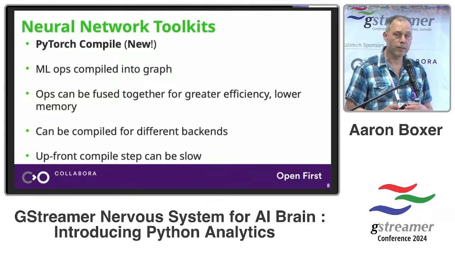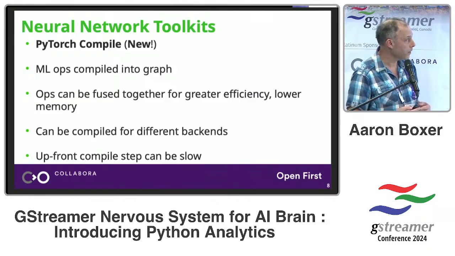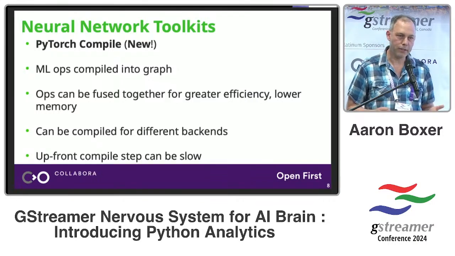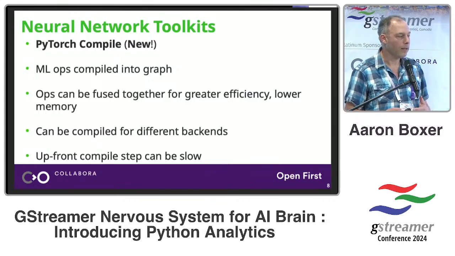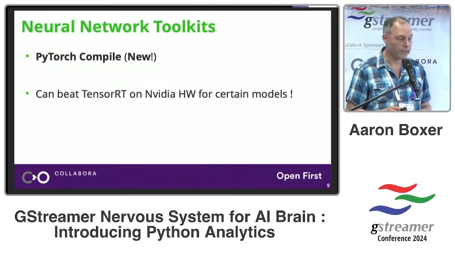The only problem at the moment is that they have an upfront compile step which can be slow, and you have to do it each time you run the model. It would make sense to actually cache the compiled model, and that's going to be released at the end of the year in PyTorch, but you currently have that slow step. What's exciting about compile is the performance benefits you get.